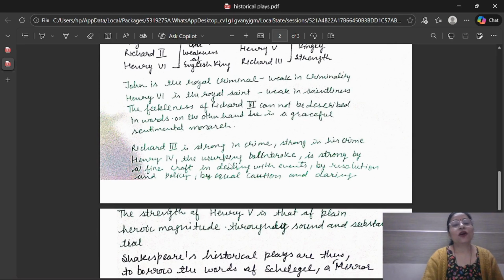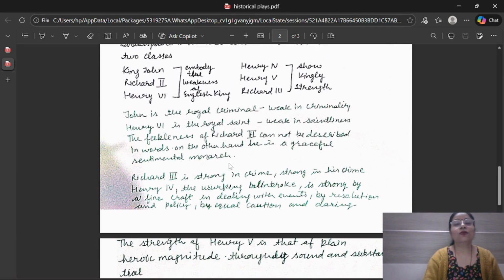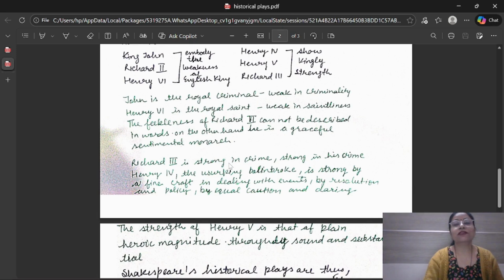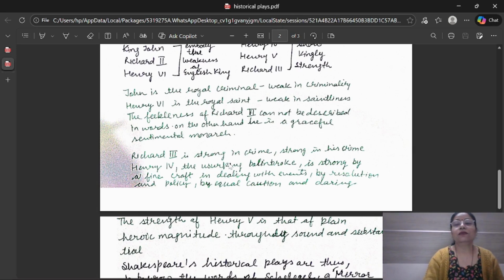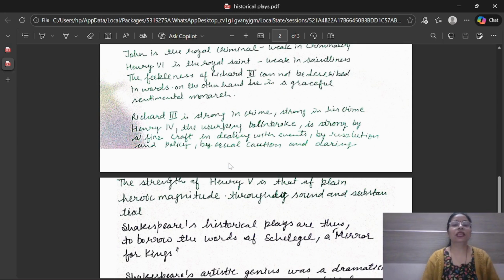And now let's talk about the kings who were strong in strength. They had enough strength. Like here, Richard III is strong in crime and strong in his criminal nature. Henry IV, the usurping Bolingbroke, is strong by a fine craft in dealing with events, by resolution and policy, by equal caution and daring.